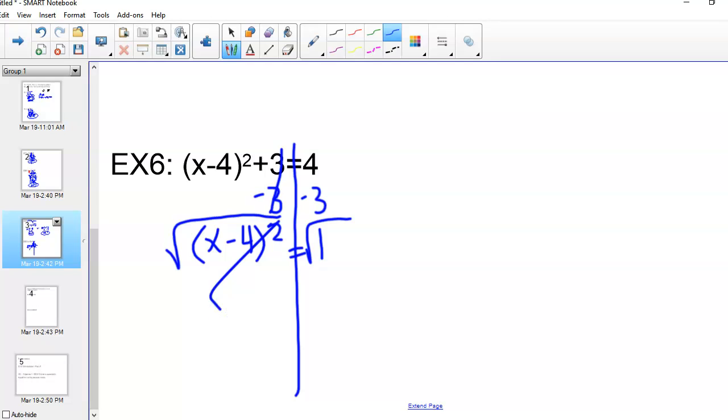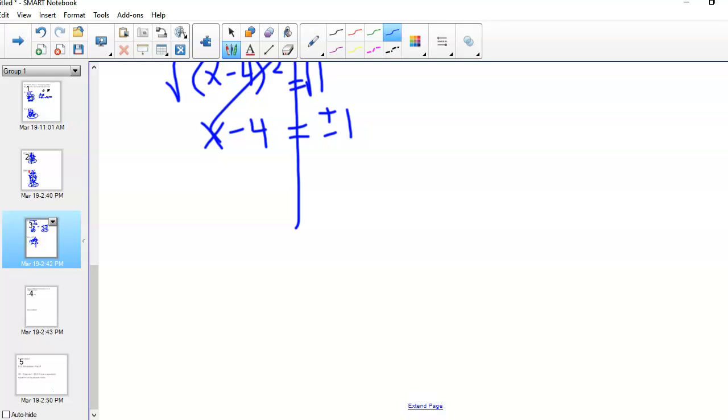So that's going to give us x minus 4 equals, the square root of 1 is 1, but we must put a plus or minus there. So we will have two separate equations here. We'll have x minus 4 equals positive 1, or x minus 4 could also equal negative 1.